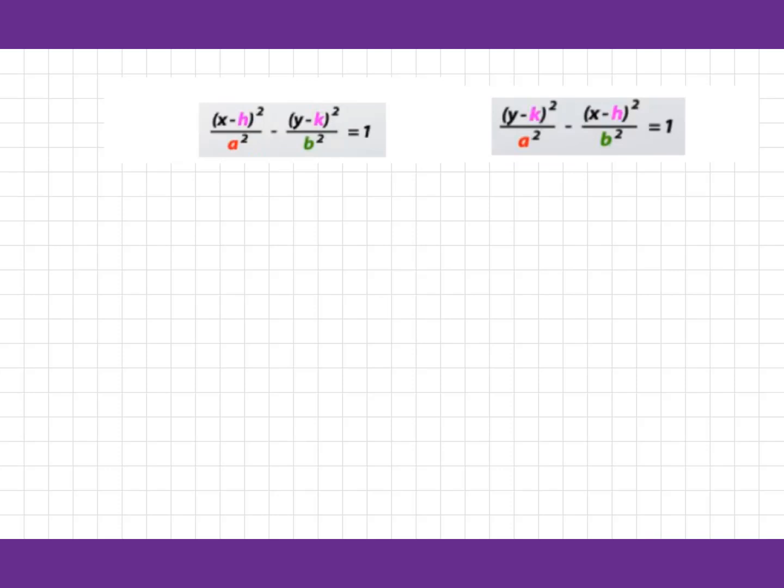Now let's sketch a graph. First of all, whenever you have a hyperbola equation, you check whether it's horizontal or vertical. Where you have x squared minus y squared, that means horizontal. For this one, y squared minus x squared, that means vertical. So you get a by taking the square root.